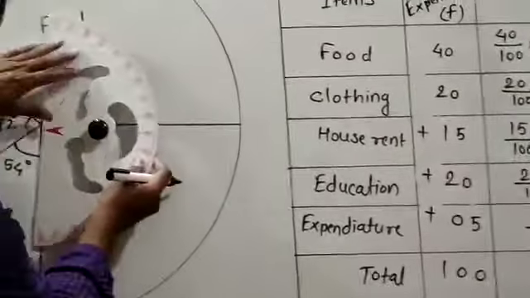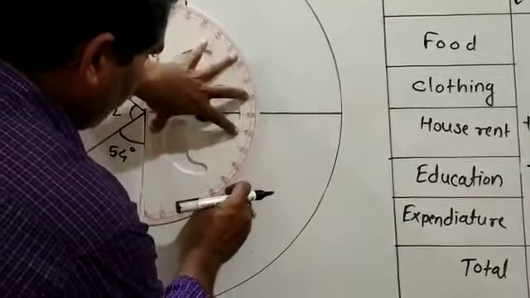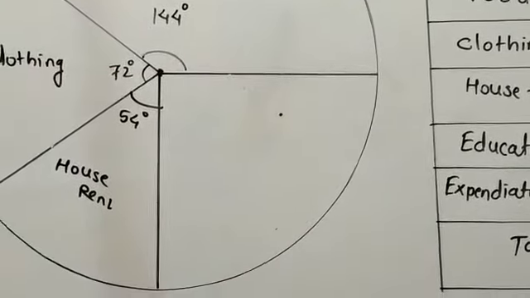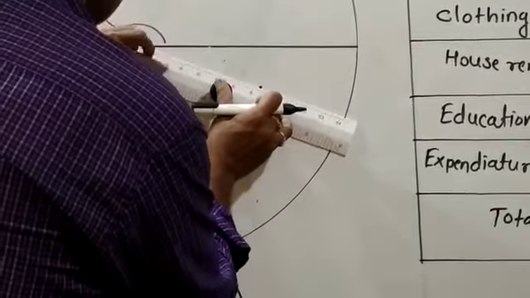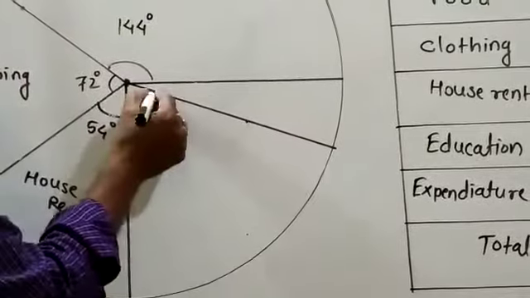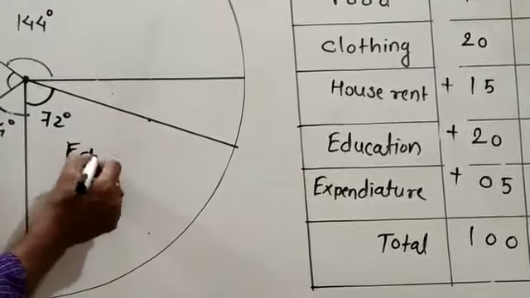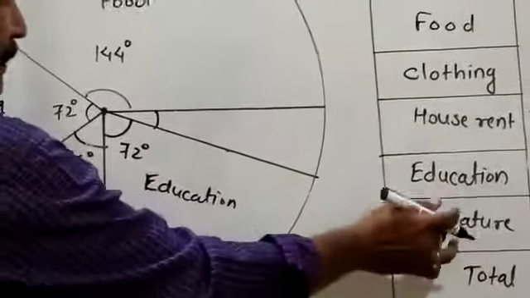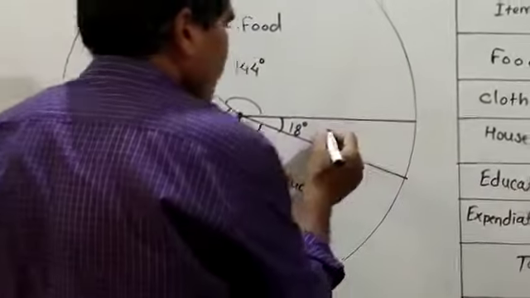Again you keep the protractor like this, and 72 will come here, so you draw the line like this. This is for the education. And whatever remains, the expenditure, is 18 degree.